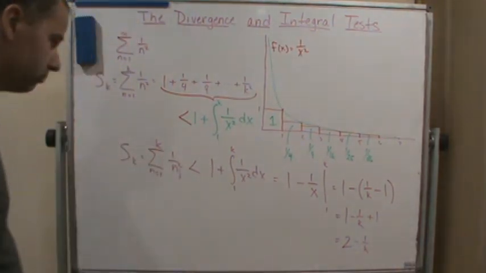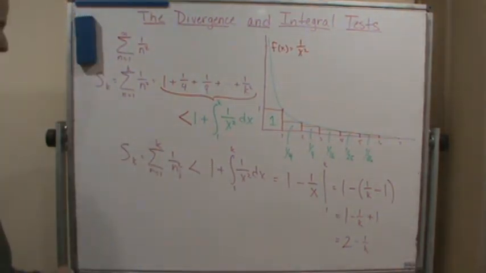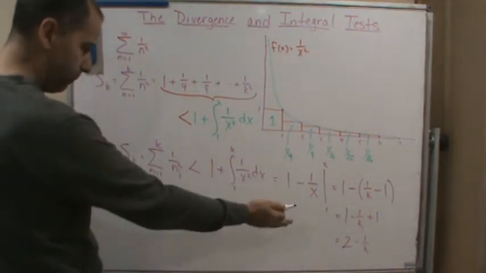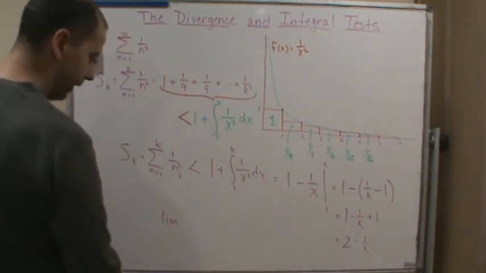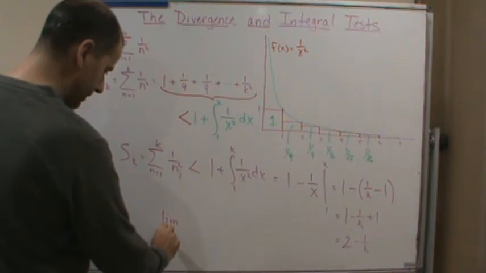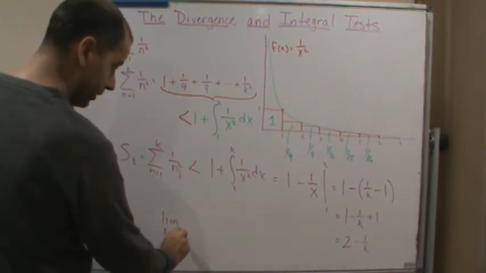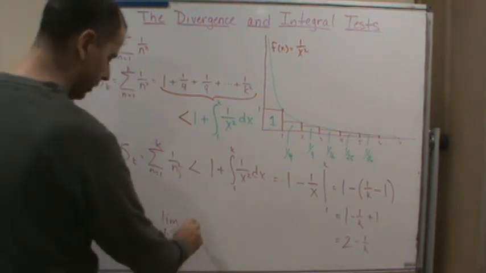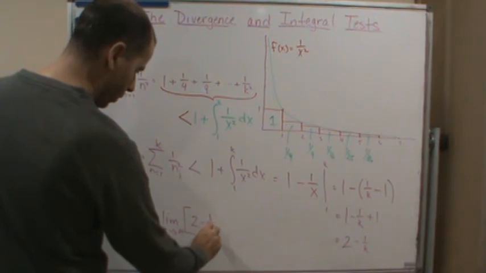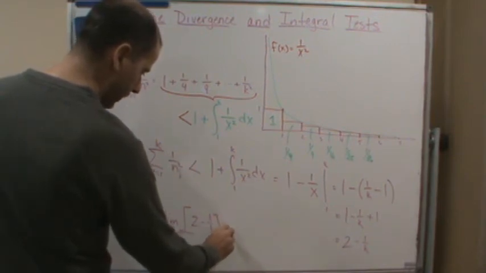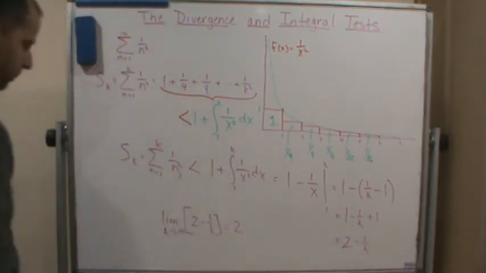So now do you see what happens? What can we say? The limit as k approaches infinity of 2 minus 1 over k equals 2.